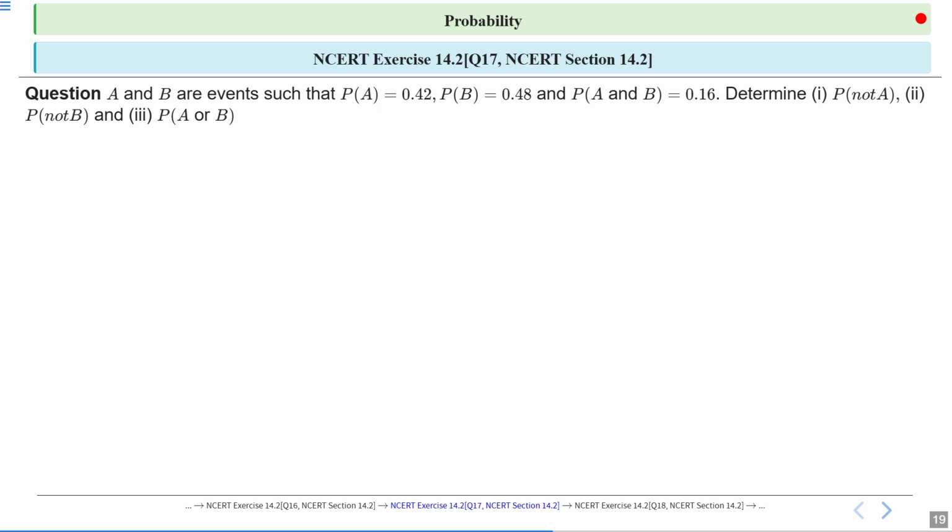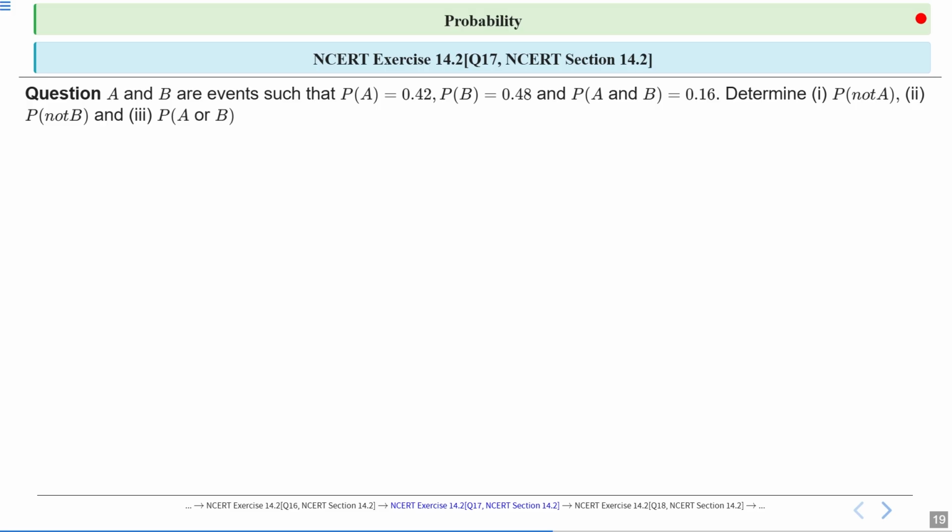Then we have to determine the probability of not A, the probability of not B, and the probability of A or B.